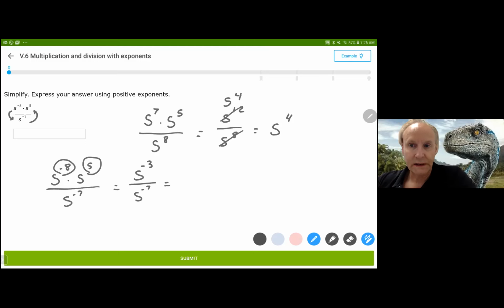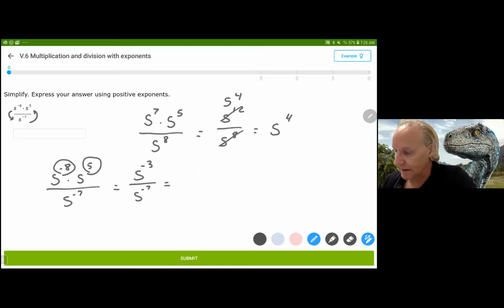Now, of course, if you make integer errors, which a lot of people do, this is going to be a problem for you. Now, the second thing it says, if I'm dividing equal bases, it has to be equal bases. Remember, if I have an x over an s, there's no dividing it. I'm going to subtract my exponents.